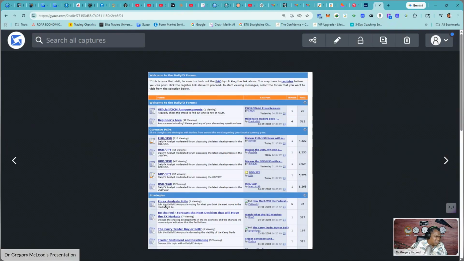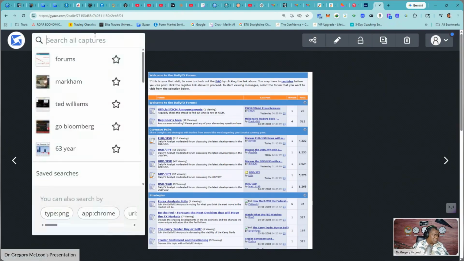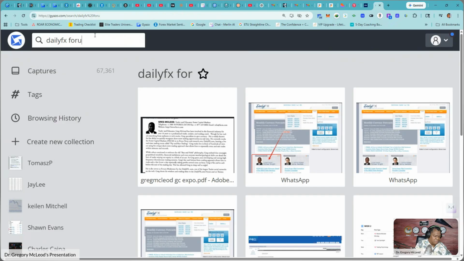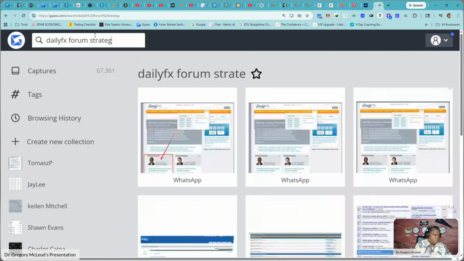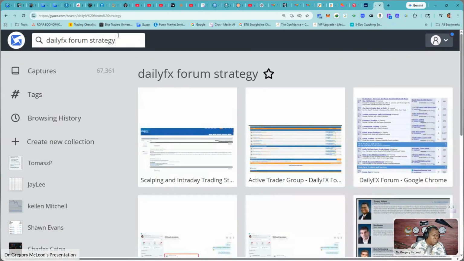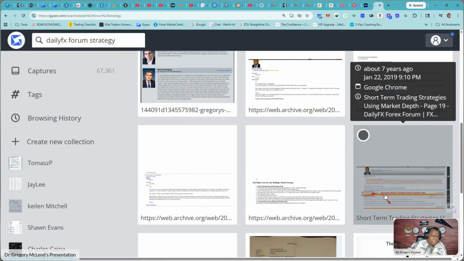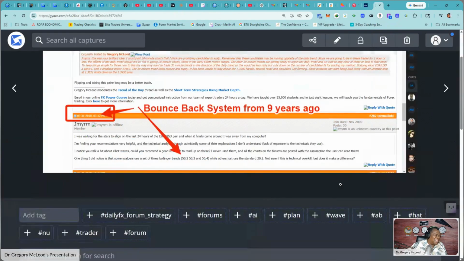Your settlement positions, Forex calculate. I mean, this is old. Daily. Okay. What was the name of that strategy? Oh, there it is. Bounce back. The bounce back system. There you go.